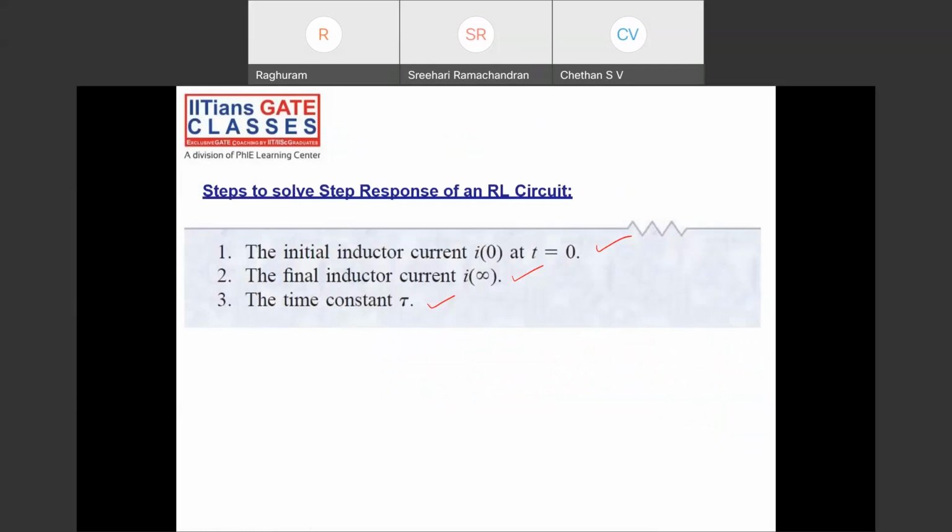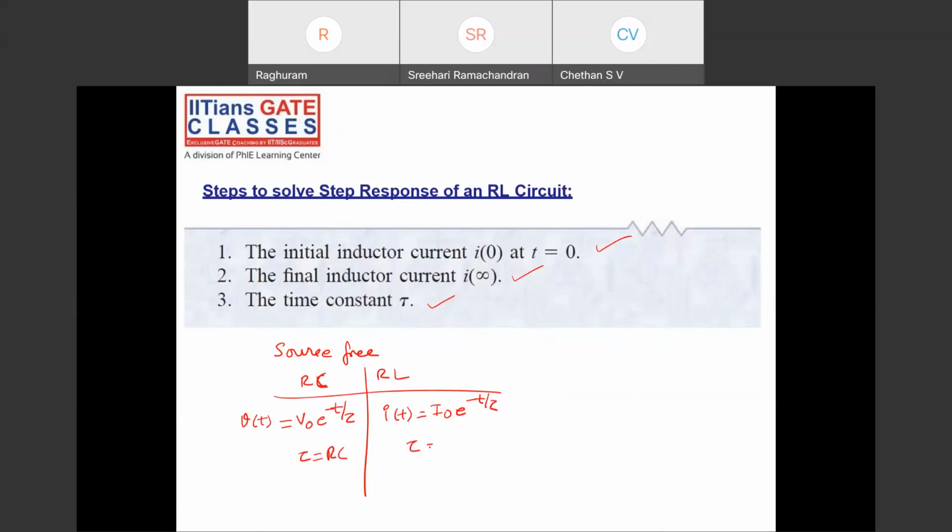So finally, you have the source free RC and RL circuits. Source free RC circuit: V of t is equal to V naught e power minus t by tau. Source free RL: I of t is equal to I naught e power minus t by tau, where tau is equal to RC for the RC circuit and tau is equal to L by R for the RL circuit.